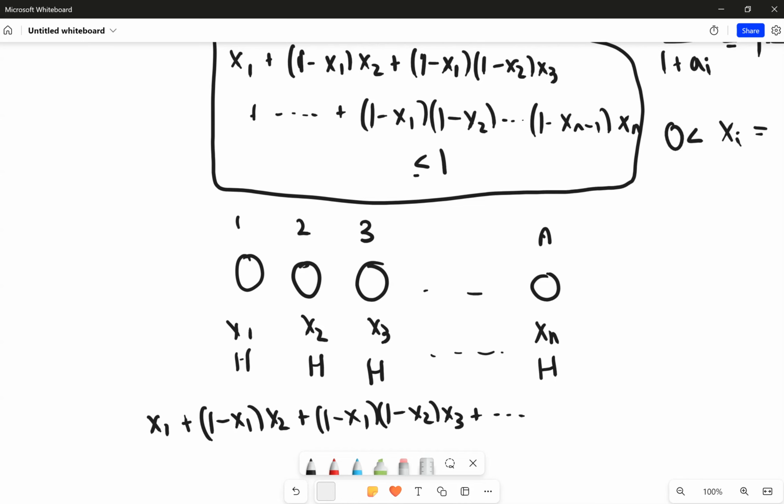And you can expect that this process continues all the way to the first n minus 1 are tails, and the last one is heads. So that gives the last case, all the way to 1 minus x(n-1), and then xn. This is the probability of seeing heads.